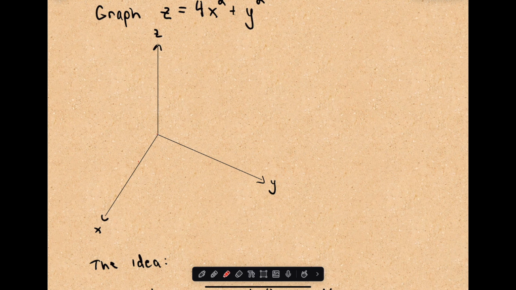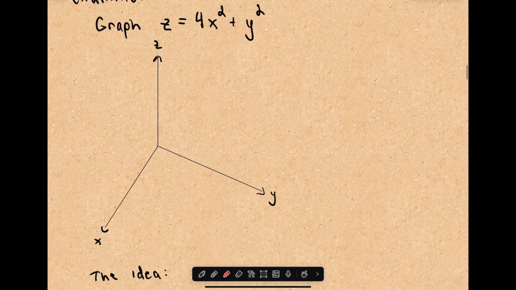The idea for traces is you take each variable and set it equal to some value k. So we could set z equal to k, and then we would graph k equals 4x squared plus y squared. Likewise, you could set x equal to k, and then we're graphing something in the zy plane. And lastly, you could set y equal to k, and then you're graphing something in the xz plane.